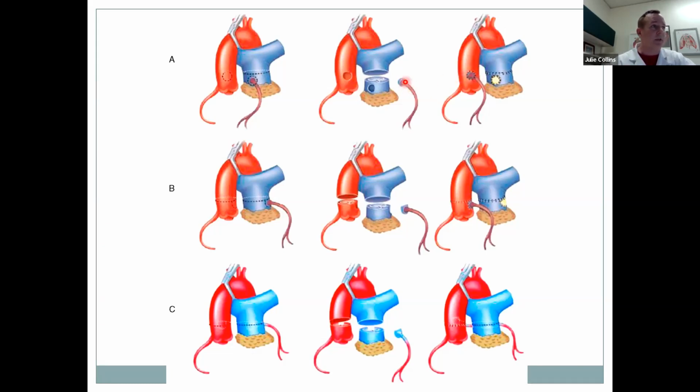Now, it depends. Optimally, you have enough real estate to successfully move that coronary artery over without kinking it. If it kinks, you're going to have problems because now you're compromising coronary flow. But this slide is basically showing you the surgical correction, known as coronary artery reimplantation.